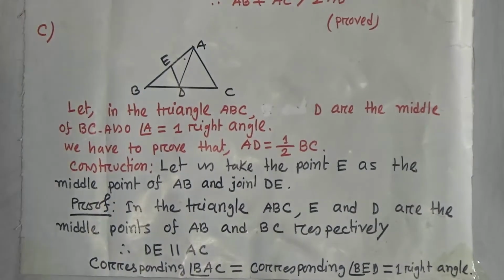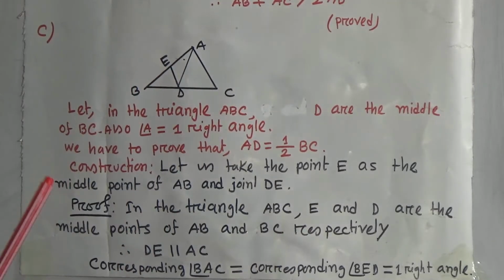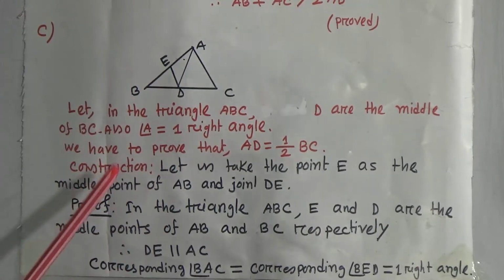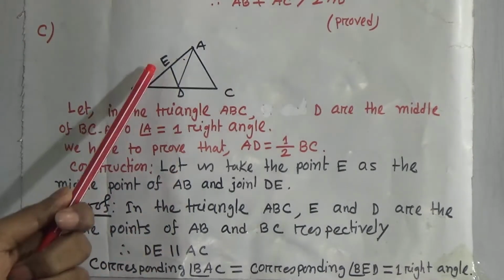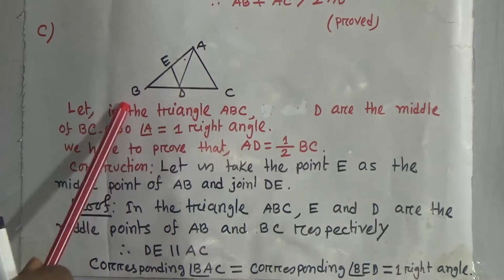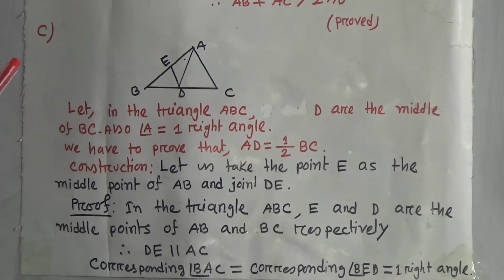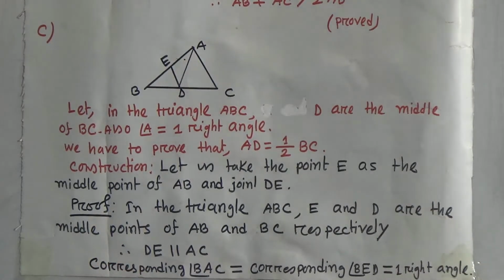Now, construction. Let us take the point E as the middle point of AB and join DE. Okay, student. Now see, D is the middle point of BC and E is the middle point of AB in triangle ABC. Therefore, we can say DE is parallel to AC.